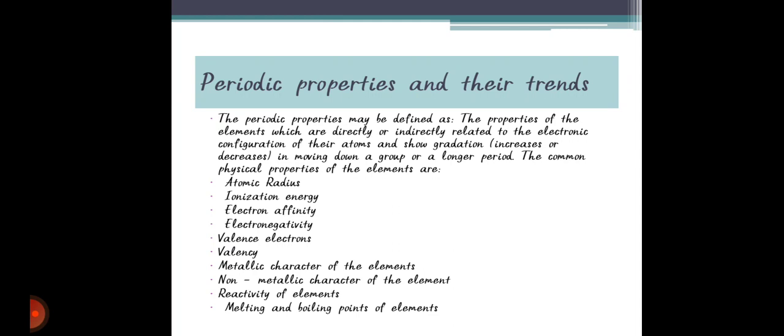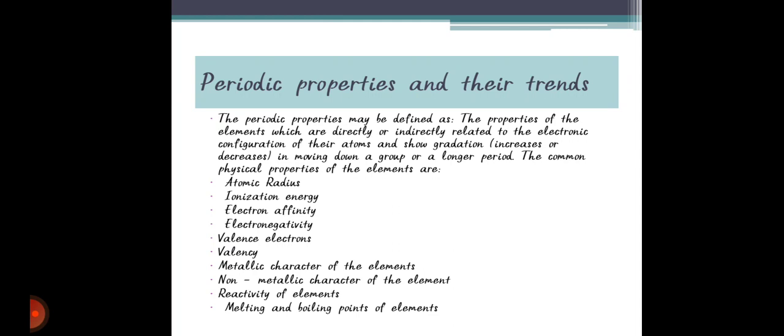Electron affinity, or electron gain enthalpy, is the amount of energy released when an isolated gaseous atom accepts an electron to form a monovalent gaseous anion. Periodic trend of electron affinity across a period: as we move from left to right in a period, electron affinity gradually increases.